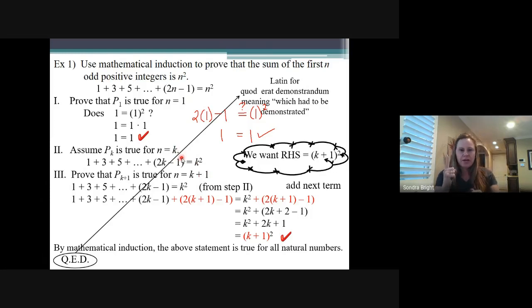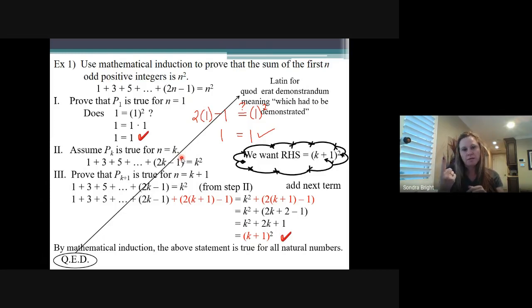I proved it's true for n equals 1. I've also now proven that it's true for k plus 1. So if it's true for 1, then it's true for 1 plus 1, so it's true for when I plug in a 2. And then it's true for when I plug in a 3. It's true also when I plug in a 4, because it's like a domino effect.